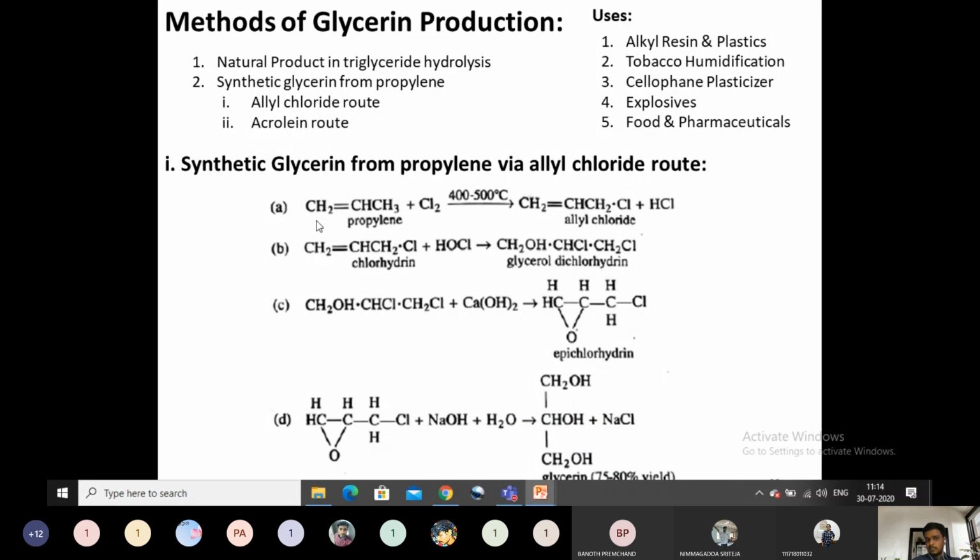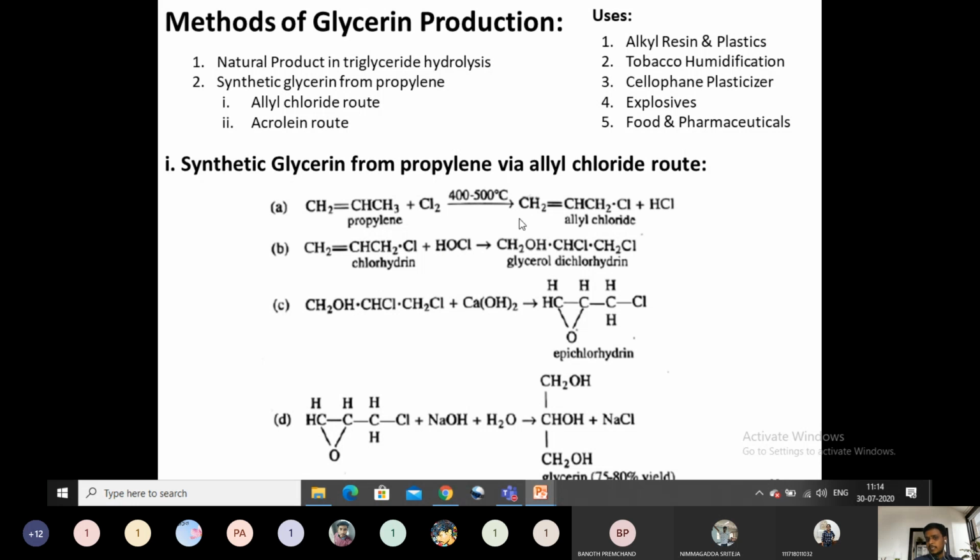Once again I am repeating. The polypropylene, which is a petroleum composition, will be chlorinated using chlorine at a high temperature of 400 to 500 degrees centigrade to yield allyl chloride, with the liberation of one molecule of HCl, hydrochloric acid. Then this allyl chloride reacts with HOCl, hypochlorous acid.